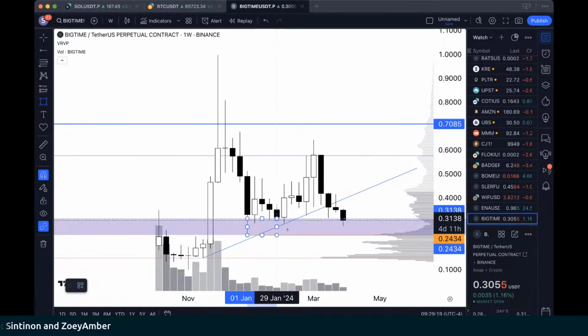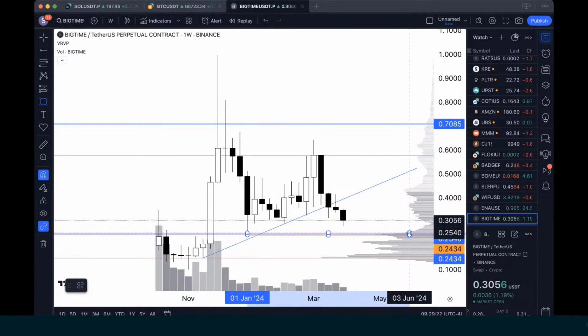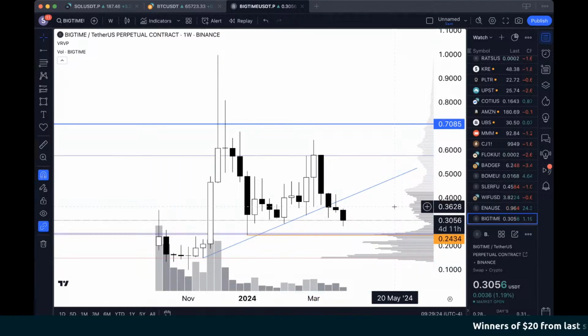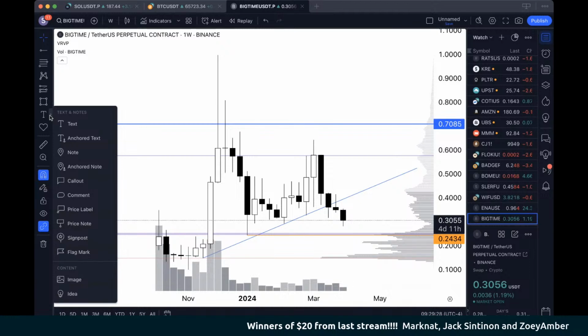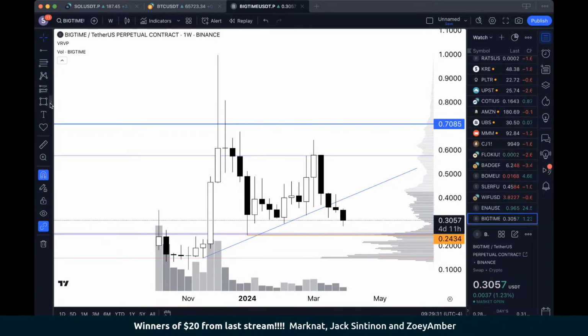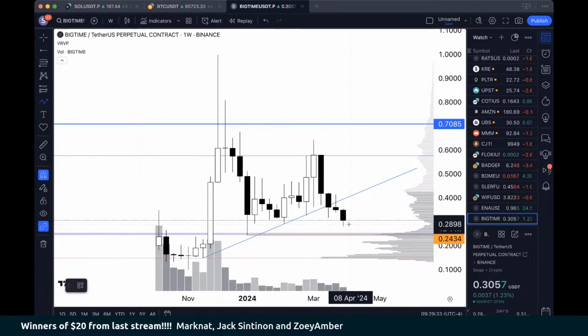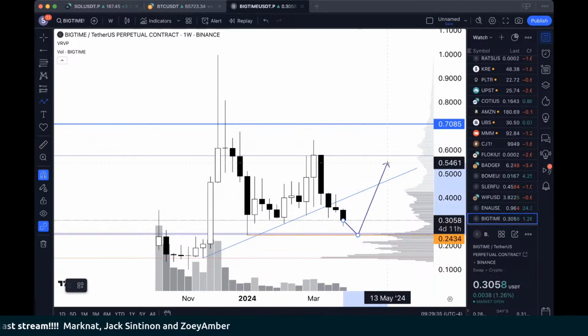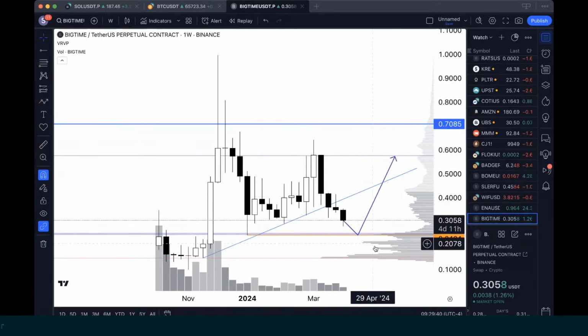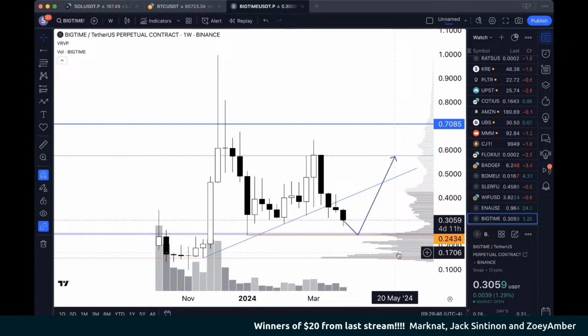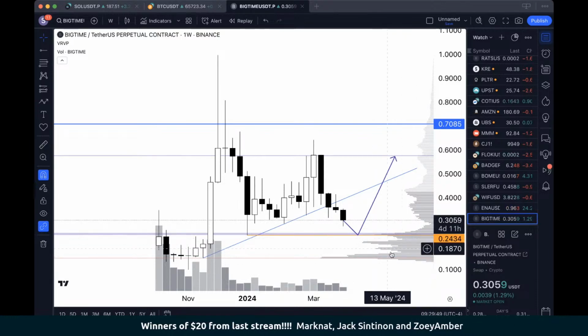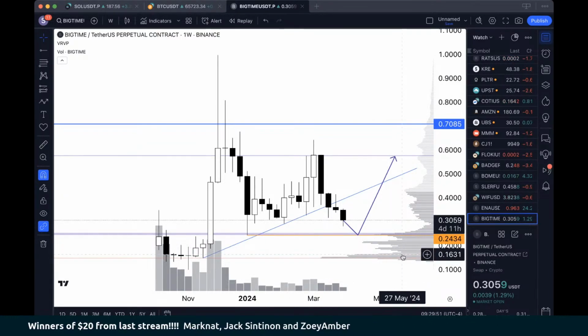So I would look on BIG TIME on the high time frame for a move like that. That's what I would look for. If it doesn't bounce here, I would look for a consolidation in this area down here.